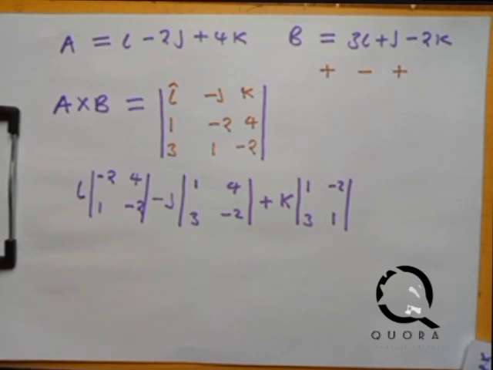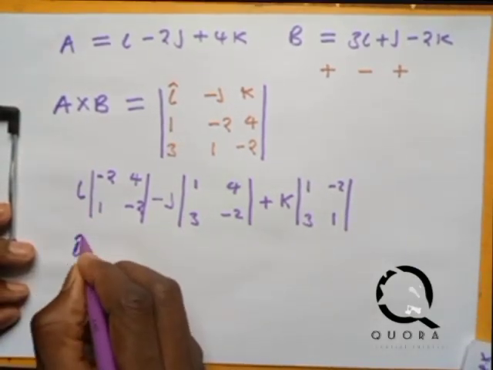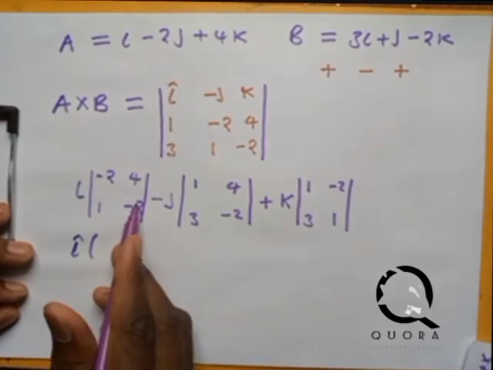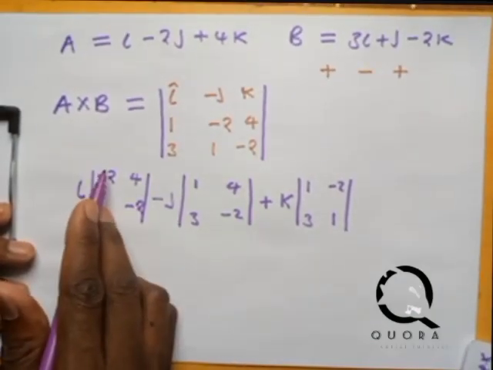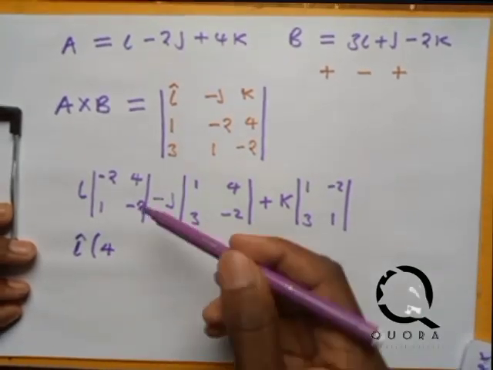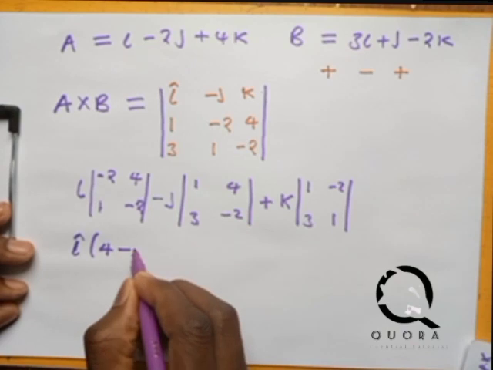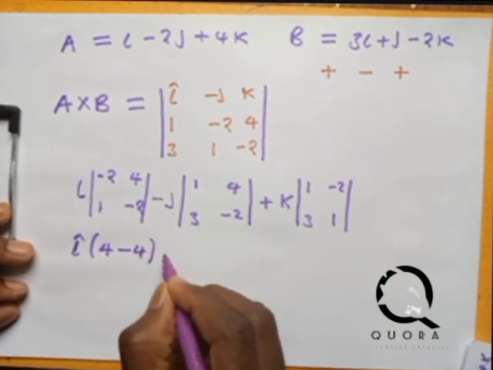All right, so we are going to have i, open, negative 2 multiplied by negative 2, we have 4. Then if you come here, 1 multiplied by 4, say minus 4. I'll close.